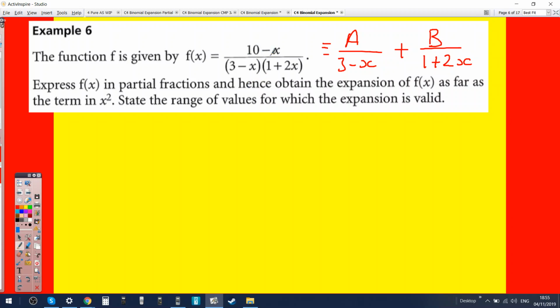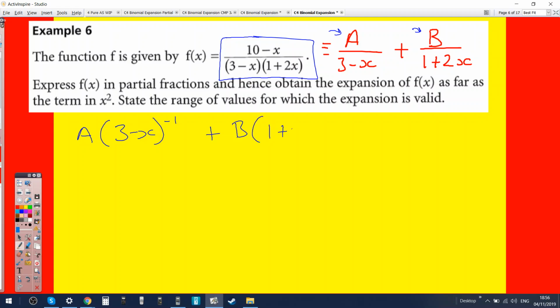In partial fractions, they give you the answer, and you have to figure out what two fractions were added to give you that answer. This one will be a times 3x to the -1, and the other one will be whatever number b is times 1 plus 2x to the -1. So you use it for partial fractions as well.